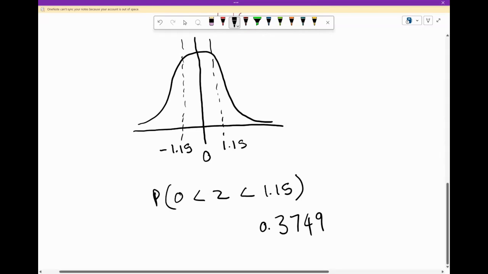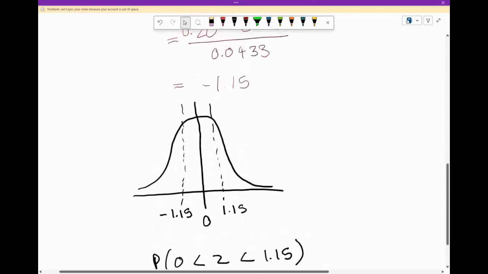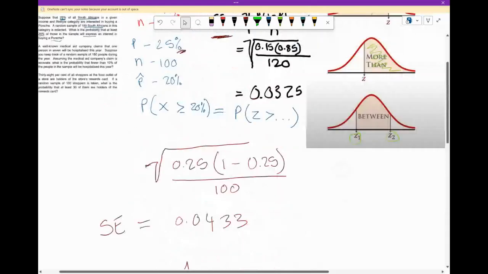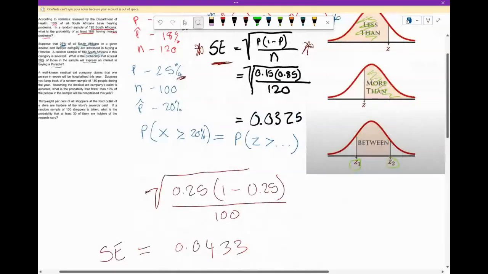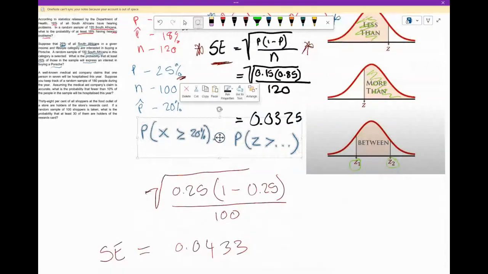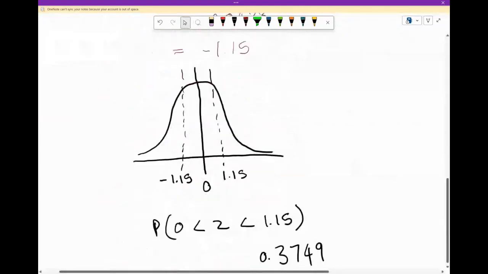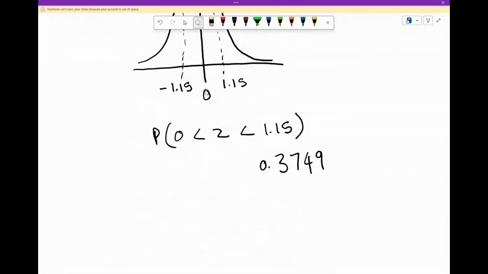0.3749. Now, remember, I'm going to copy this here.